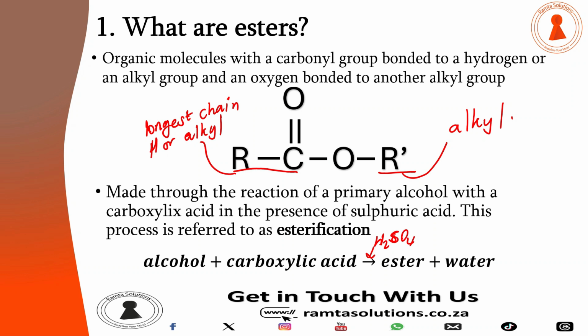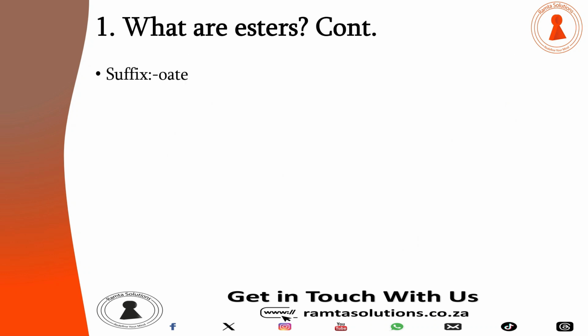So now let's look at this. When we look at esters, their suffix is -oate. I don't want to really say the simplest, but let's just say the simplest is methyl methanoate. What does it mean?